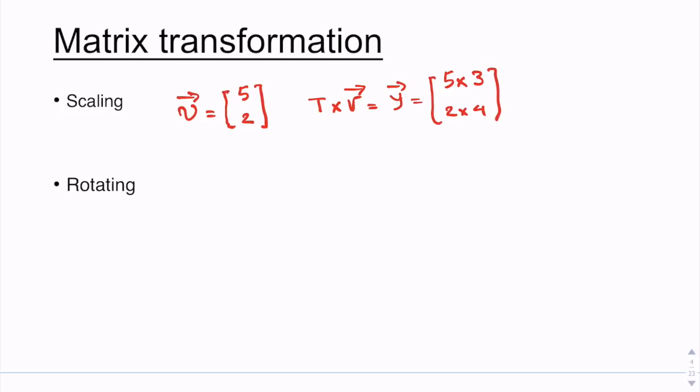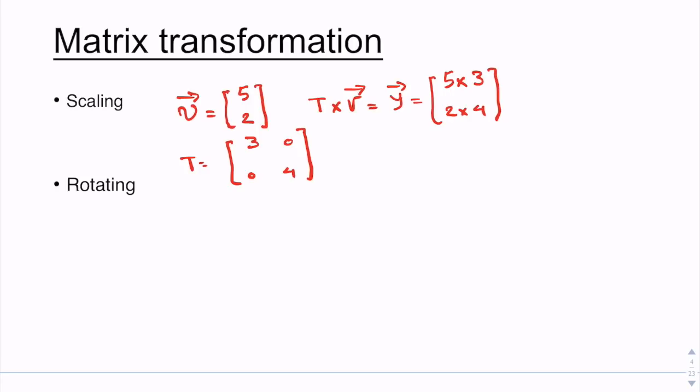So what does the matrix T look like for this scaling? A little bit of thought shows that T for scaling is a diagonal matrix with 3, 0, 0, and 4. So as you see, for scaling, we only need a diagonal matrix whose main diagonal elements determine the scaling for each individual component of the vector.